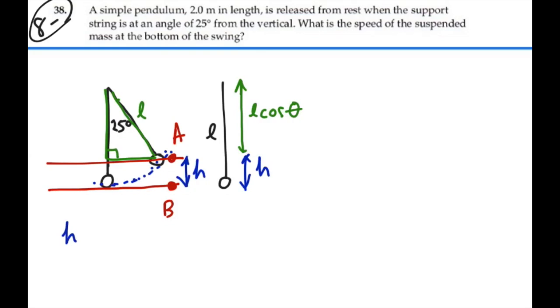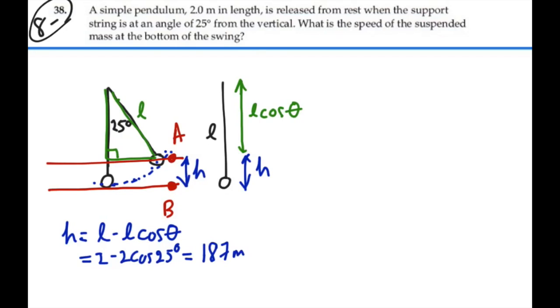In other words, H equals L minus L cosine theta, which is 2 minus 2 cosine 25 degrees, and that's equal to 0.187 meters. So that's how high point A is above point B.